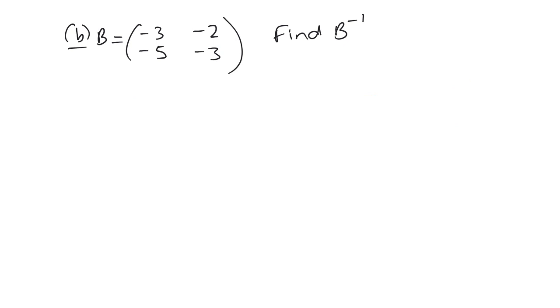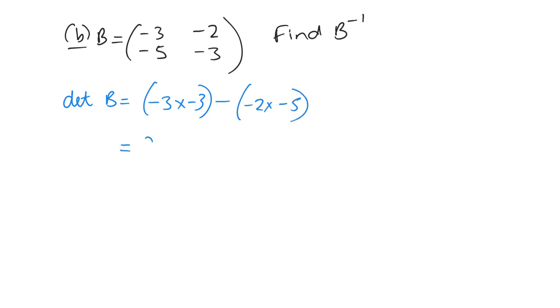B, then we're going to find the inverse of this one. So the first thing we do is find the determinant of B. So that's minus 3 by minus 3 minus 2 by minus 5. So that gives us 9 minus 10, which is minus 1.